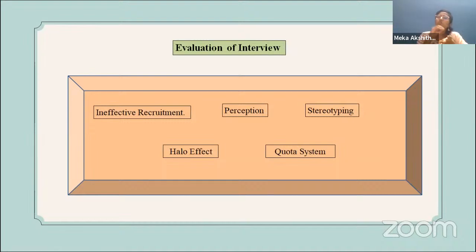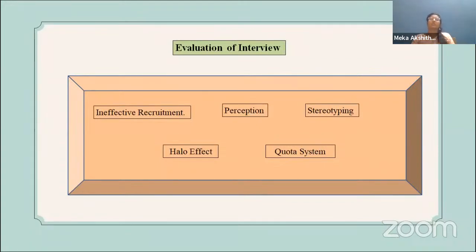So the interviewer would reject the candidate based only on the answer to the 10th question. So the interviewer taking the interview should be careful that there are no biases like the halo effect, primacy effect, or recency effect, and that the interview is conducted in a fair and appropriate manner.